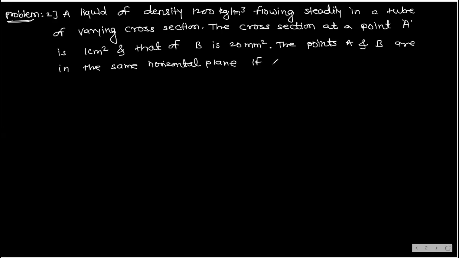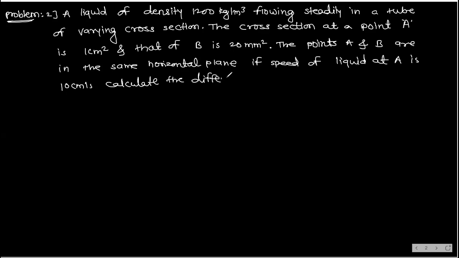If speed of liquid at A is 10 centimeter per second, calculate the difference in pressure at A and B.